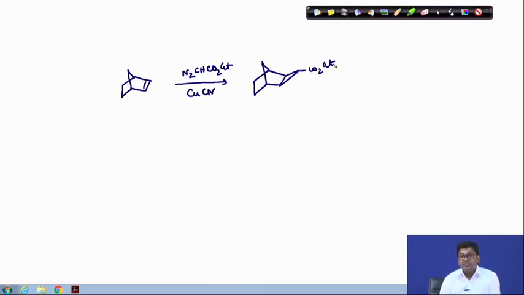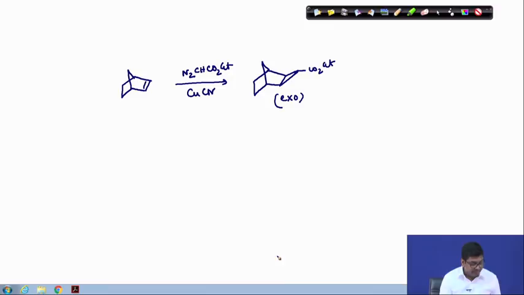But one interesting thing is that there is a possibility of two different stereoisomers, one exo and another endo. Interestingly, only one stereoisomer has been formed, and that is the exo one. Obviously, this exo product is thermodynamically more stable and has less steric hindrance. That is why this product is stable and is the sole, or maybe the major, product here.